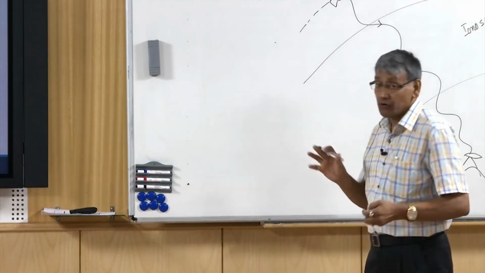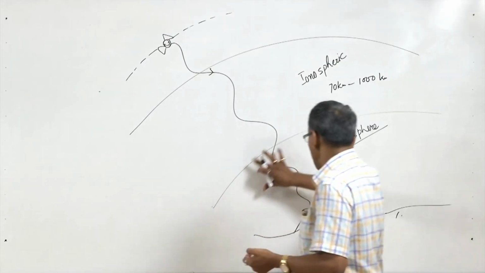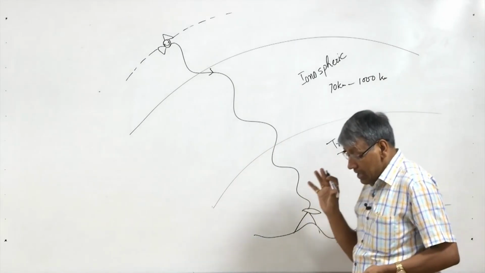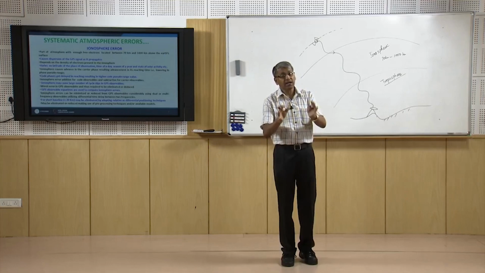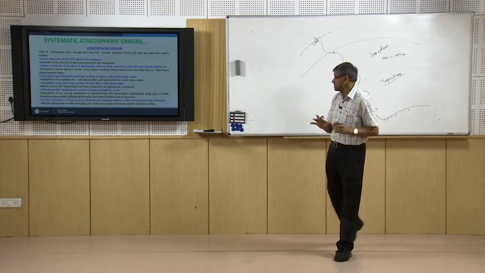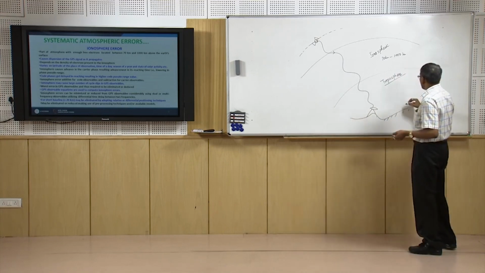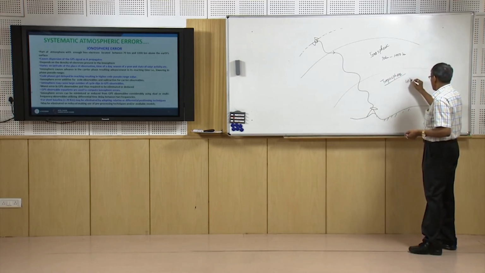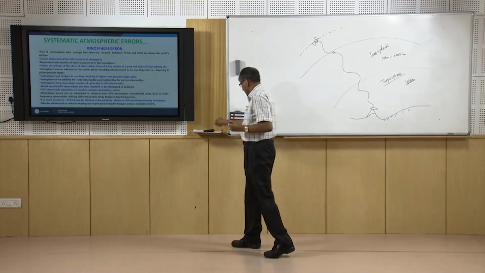In case of GPS observation, the layer of the atmosphere where the signal gets physically obstructed is known as the troposphere, and it extends up to about 40 kilometers from the surface of the earth.